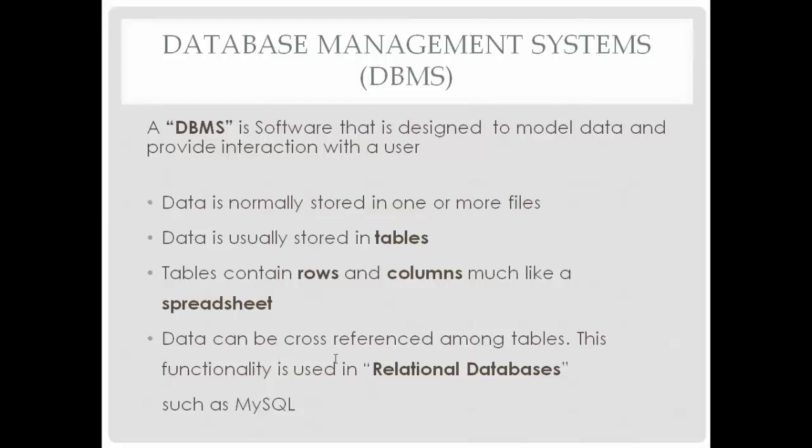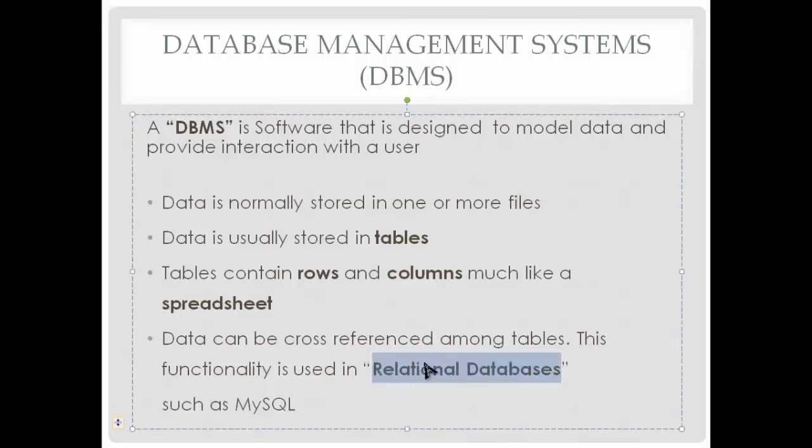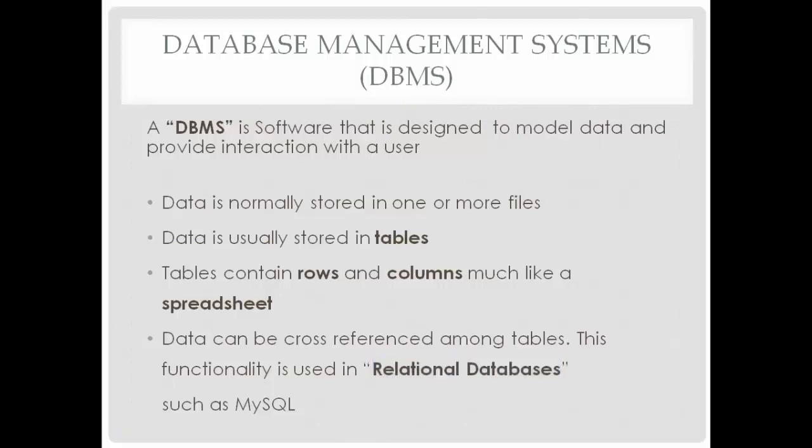Data can be cross-referenced among tables, and this is true if it's a relational database. And we're going to be talking about relational databases more in this section, so I don't want to get too deep into that. But basically you can relate one or more tables together. And MySQL is probably the most popular relational database that's available.